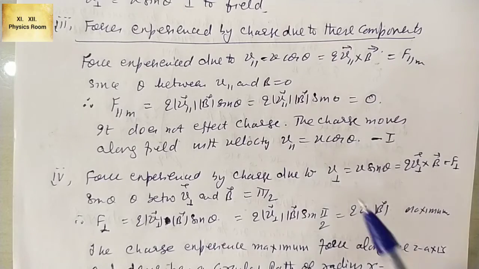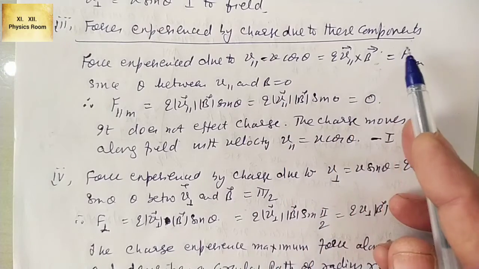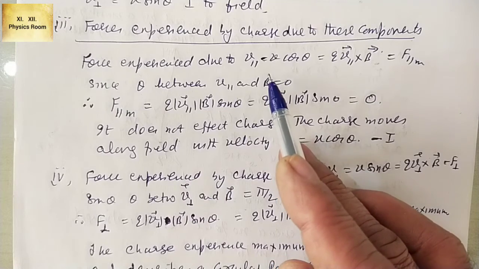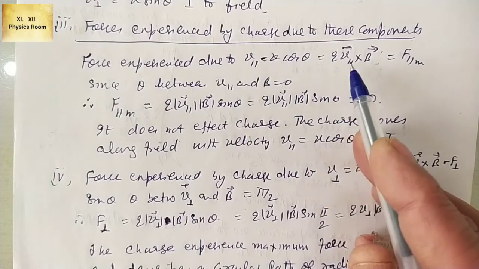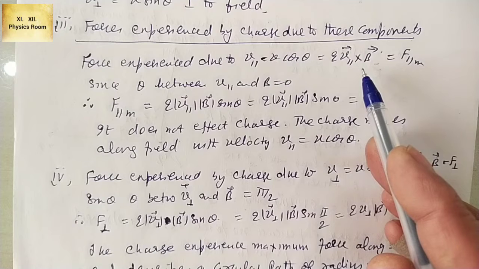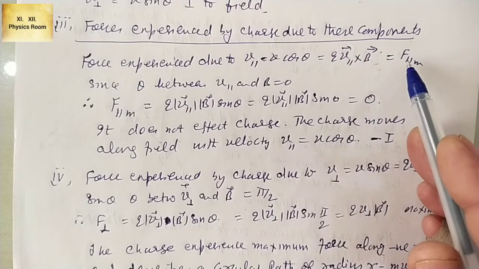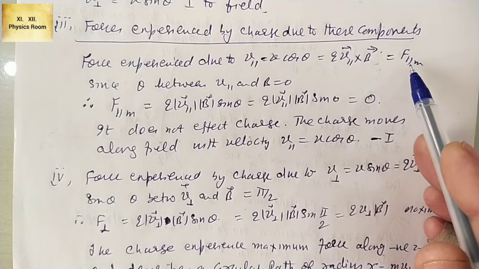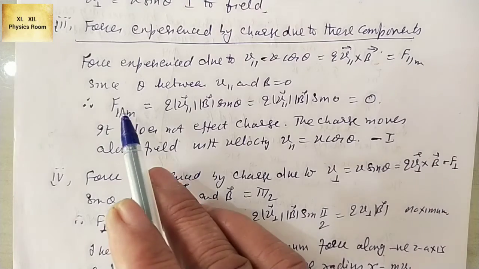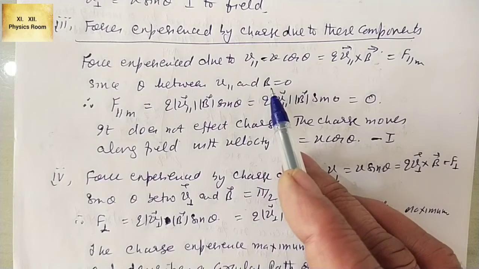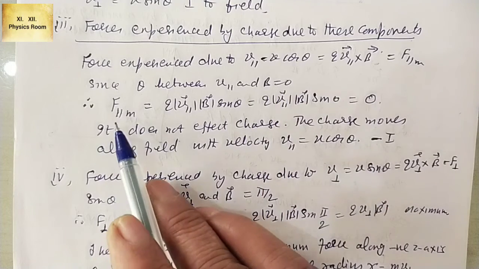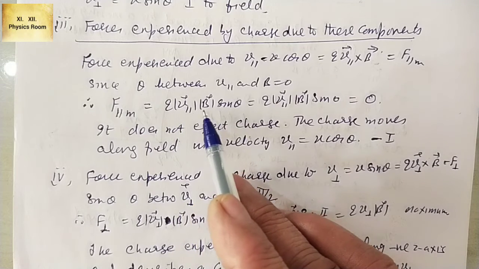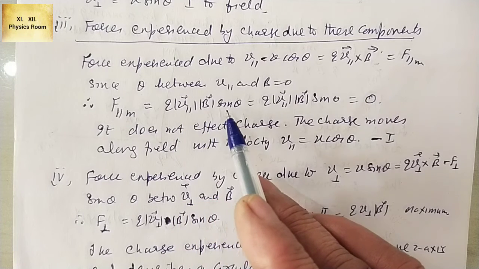Now the force experienced by the charge due to these components. The force experienced due to the parallel component, V cos theta, is equal to Q V parallel cross B. That is F parallel M, the magnetic force due to the parallel component. Since theta between V parallel and B is 0, F parallel M is equal to Q V parallel |B| sin theta.